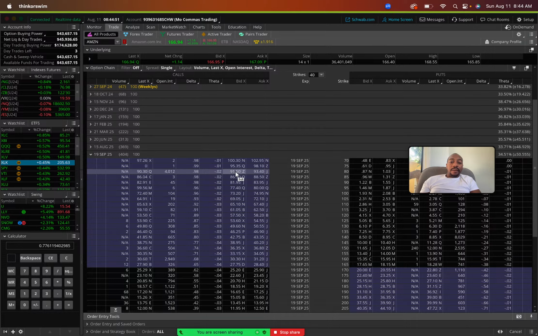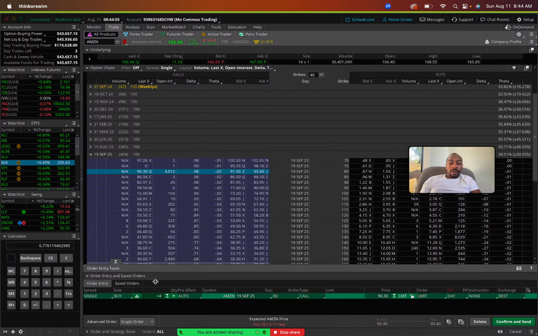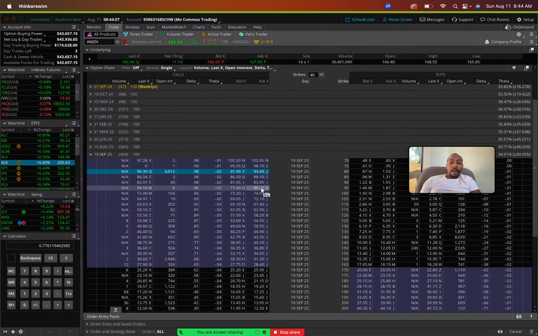It's usually never below the bid price, which is why I know it's off, because the market is down right now. We're in aftermarket hours, but generally that last price is not going to be lower than 91.50, right? Which is why I know this is off.